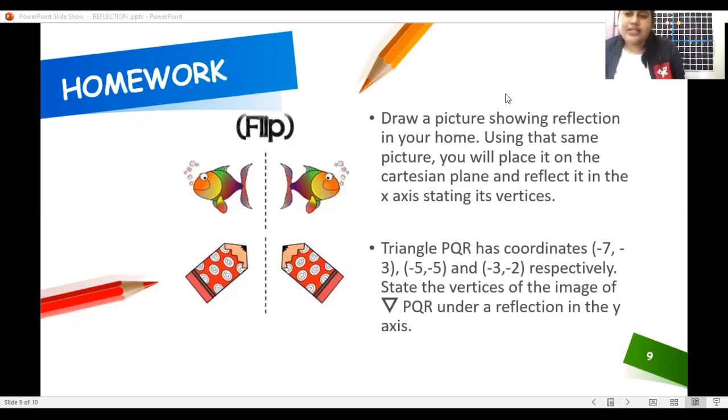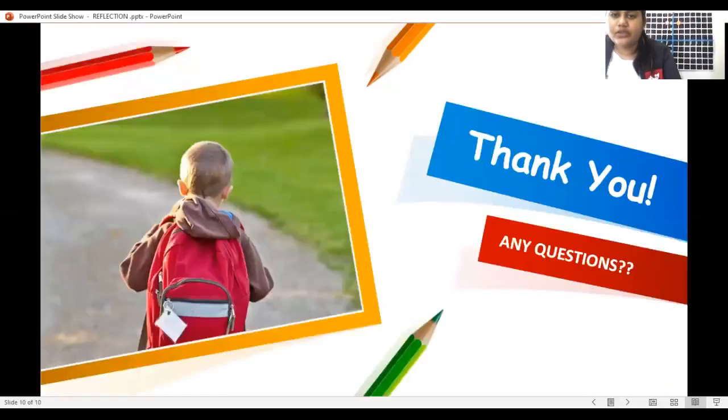This one is where triangle PQR has coordinates (-7, 3), (-5, -5), and (-3, -2) respectively. And you're going to reflect this triangle in the y-axis. All right, good. So now I'm ready to listen to all of the questions you have had for me.